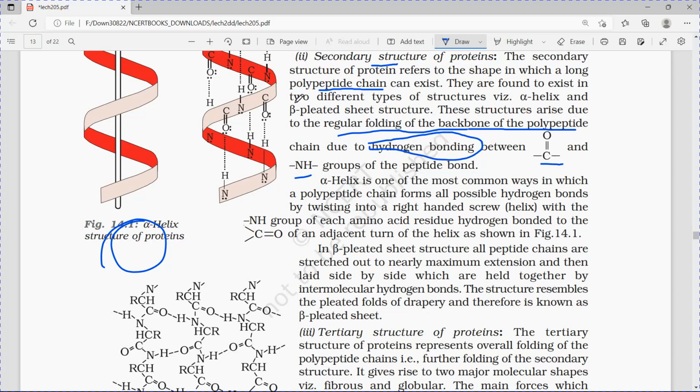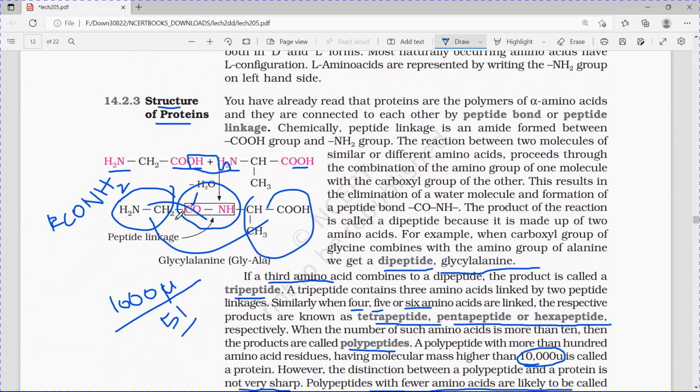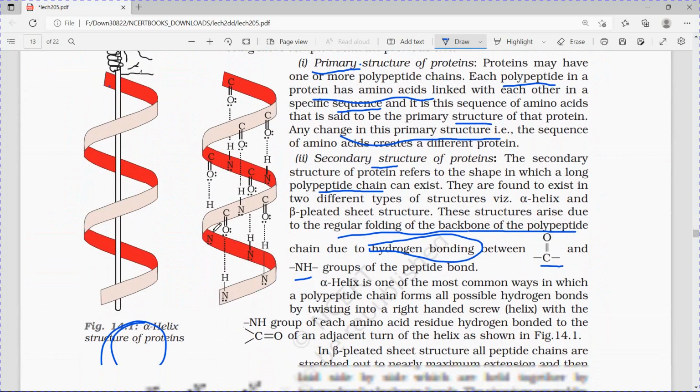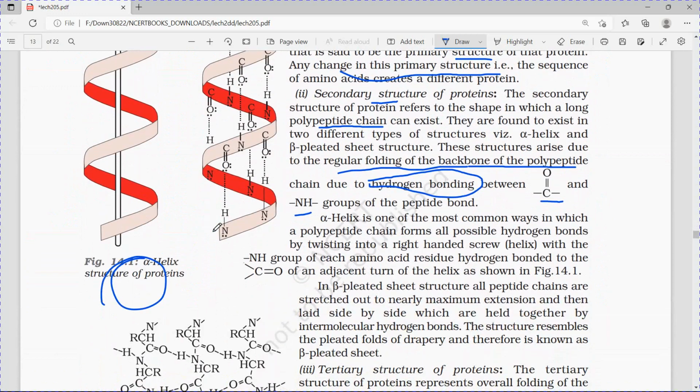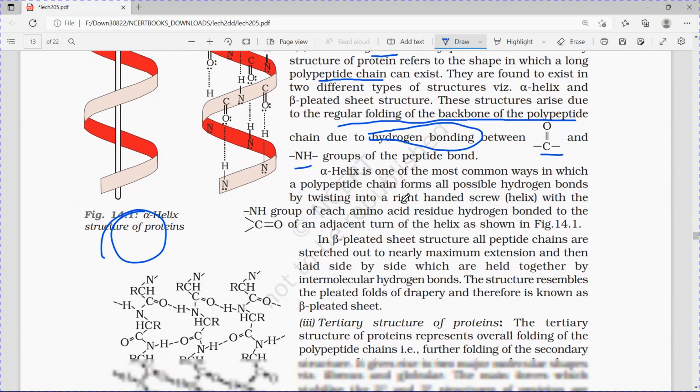We already saw that one amino acid is joined to another amino acid through the peptide bond. Apart from that, there will be hydrogen bonding between one peptide and another peptide. Got my point?